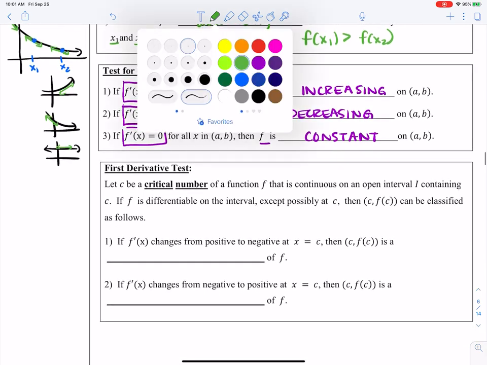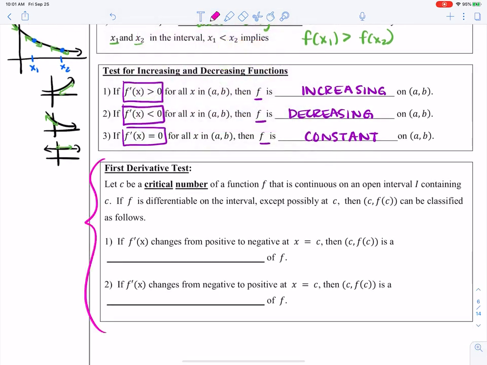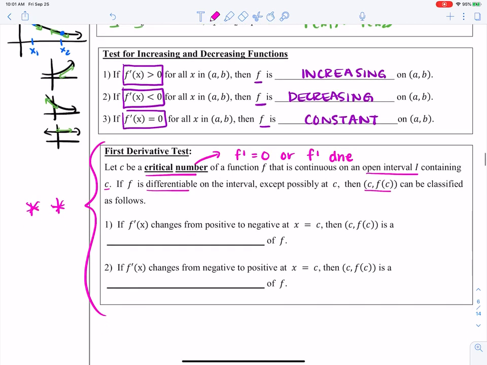Where this leads us is to something called the first derivative test. The first derivative test says let c be a critical number. We've already learned this concept: a critical number means my derivative is 0 or my derivative does not exist. So we're on an open interval I containing c, and if f is differentiable on the interval, then f of c can be classified as follows.